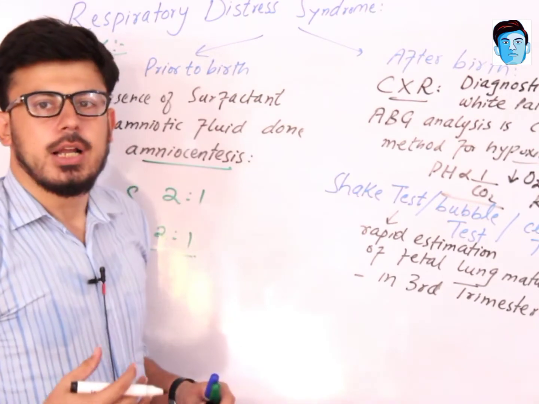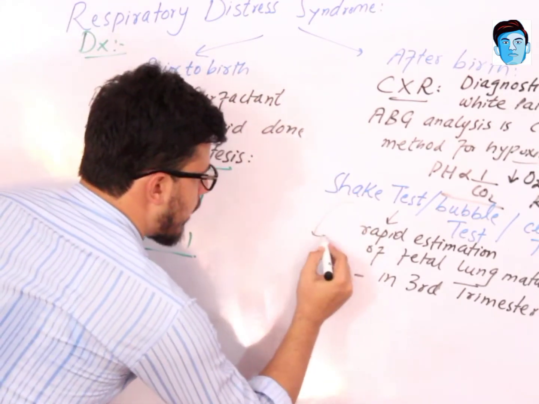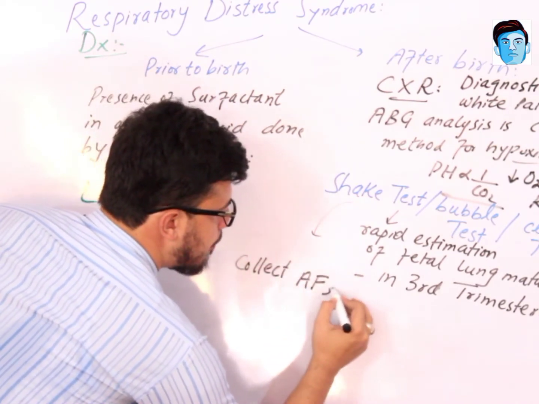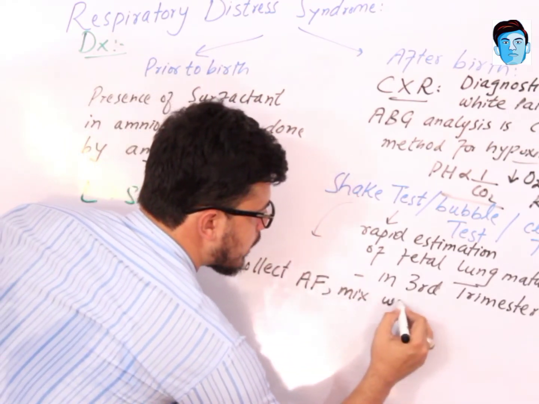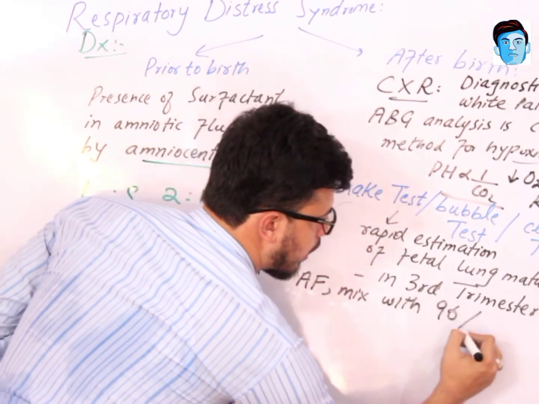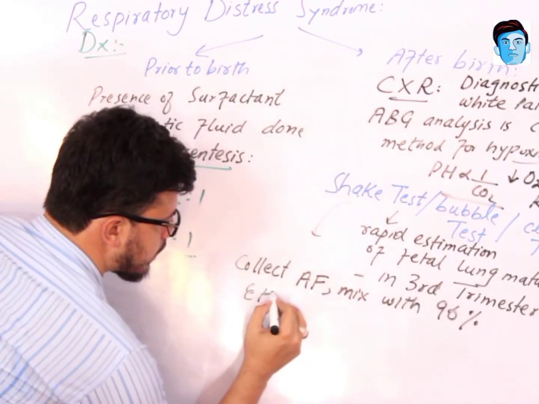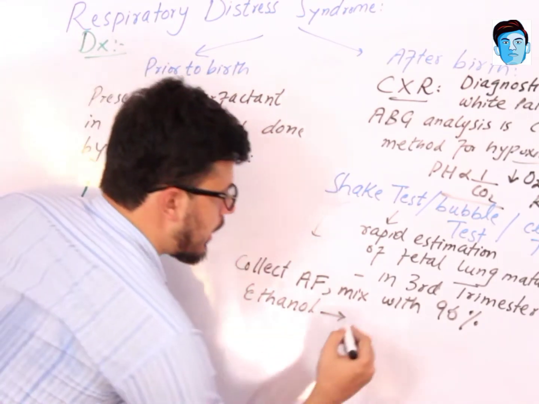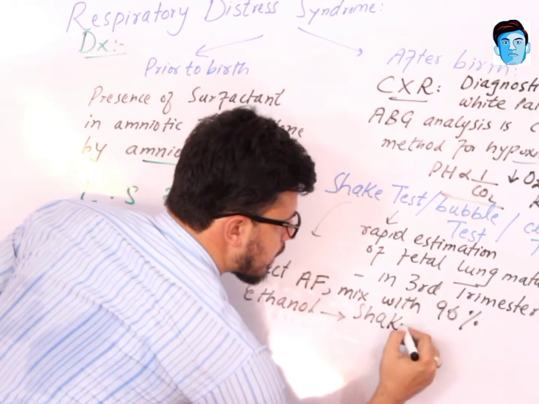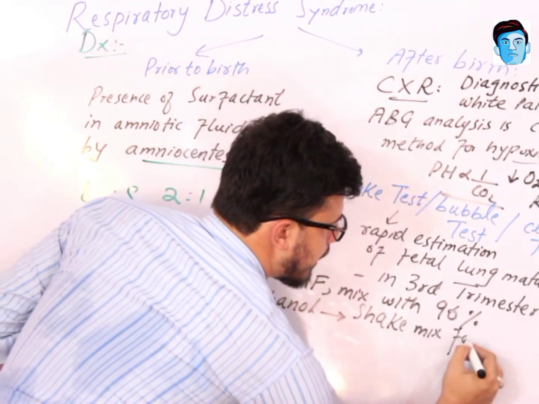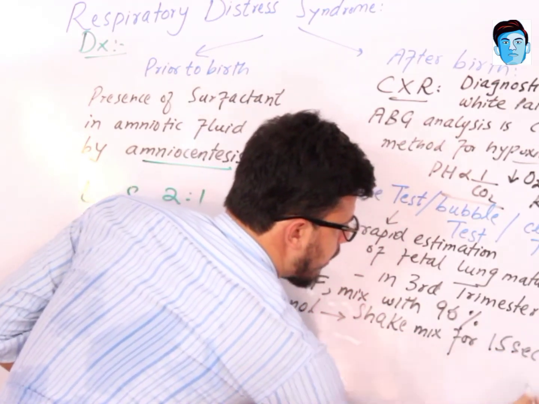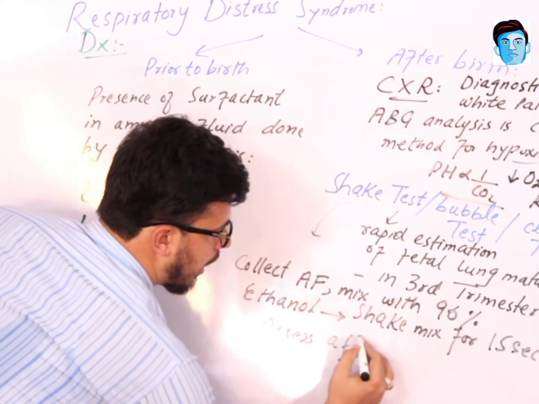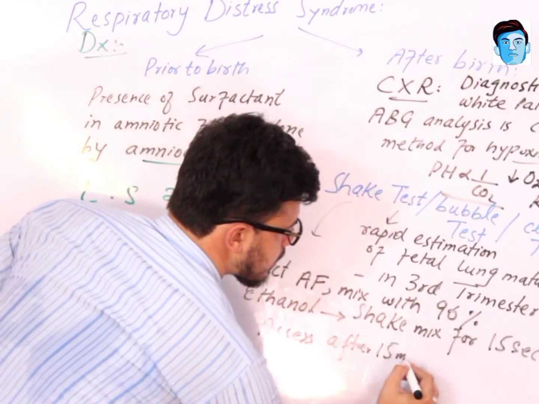We collect the amniotic fluid and mix it with 96% ethanol. Then we shake the mixture for 15 seconds, and after that we assess the result after 15 minutes.